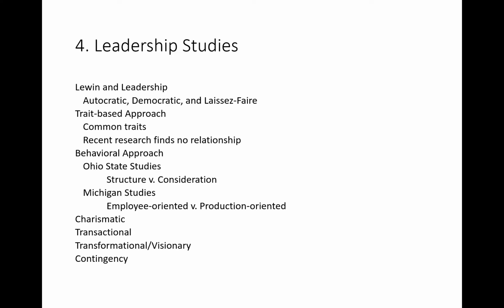The advantage of charismatic leadership is that it creates very, very strong loyalty among followers. Followers will follow charismatic leaders essentially to the ends of the earth. The downside is that power and authority for charismatic leaders resides within the leader themselves, within the person as opposed to the office.